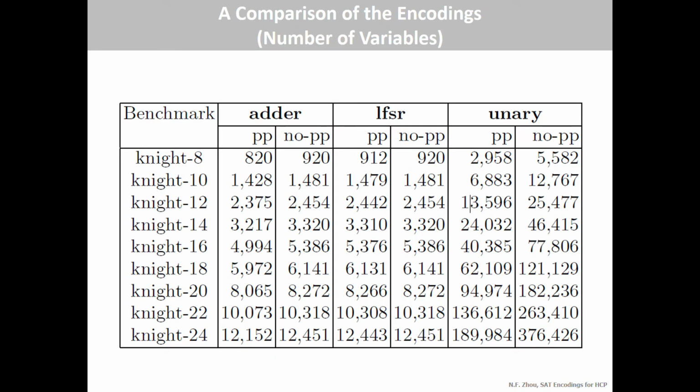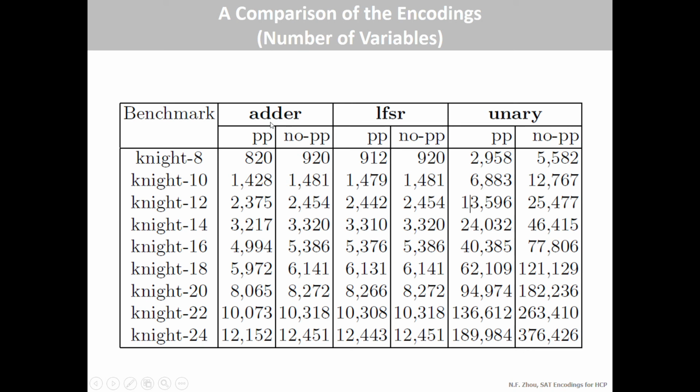First, this table shows a comparison of these encodings on the number of variables. The results are consistent with the theoretical analysis. If no pre-processing is used, the binary add encoding and the LFSR encoding use the same number of variables. With pre-processing, however, the binary add encoding uses slightly fewer variables.